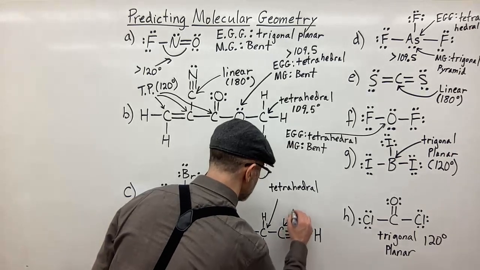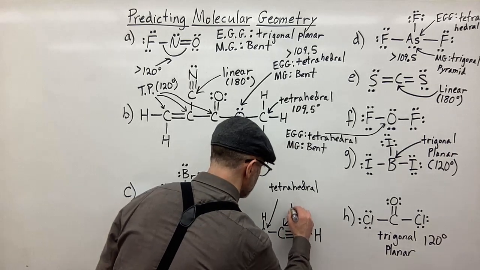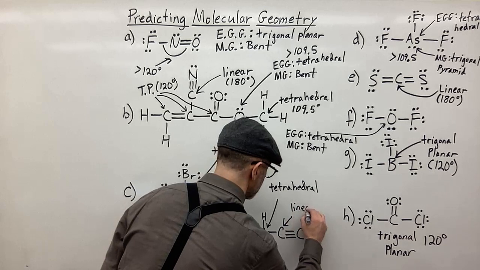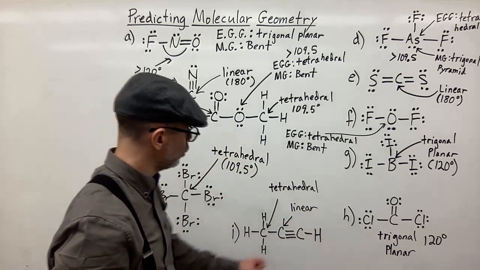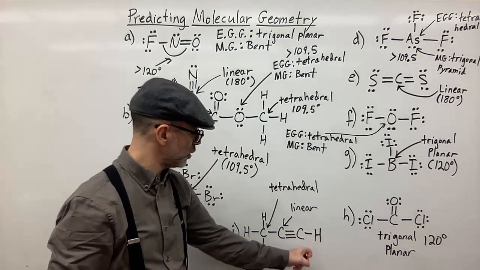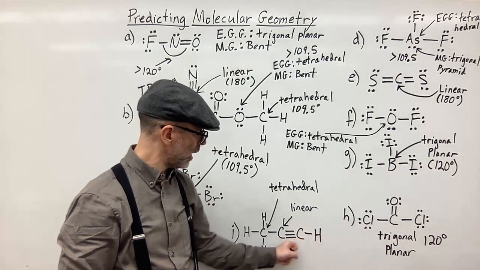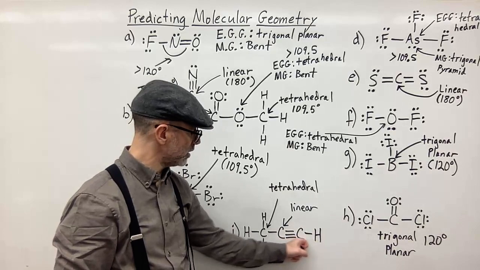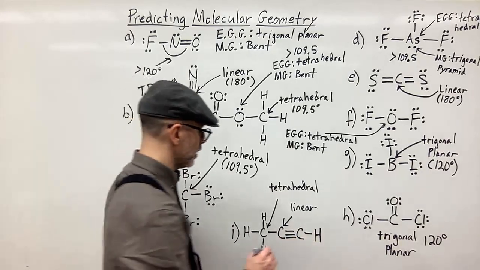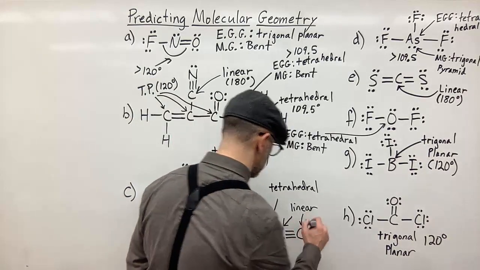So this is going to be linear. And if we look at the next one, this is also going to be linear because we have a triple bond and a single bond, just like this carbon. So these carbons are going to have the same geometry. So this one is also linear.